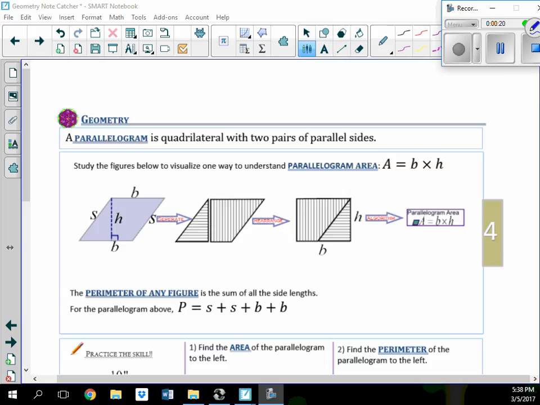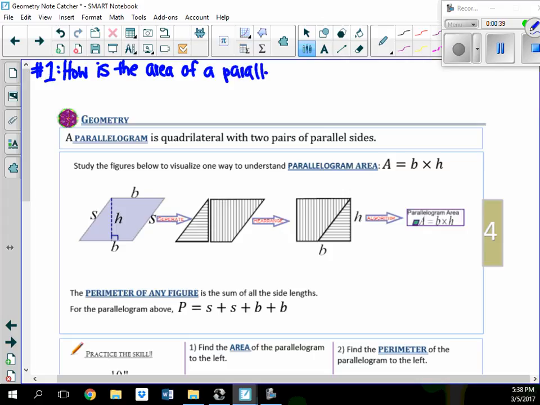Our lesson today has two goals. The first goal is to determine how the area of a parallelogram is related to the area of a rectangle.